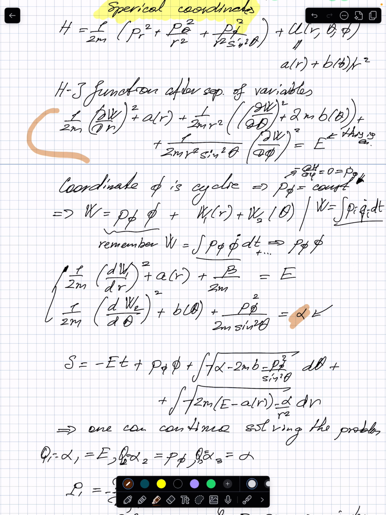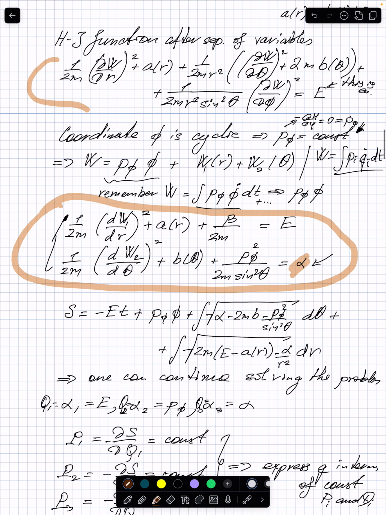Now I have a set of two differential equations which I can integrate to find the corresponding functions W1 and W2.